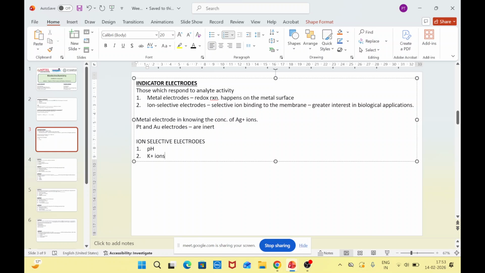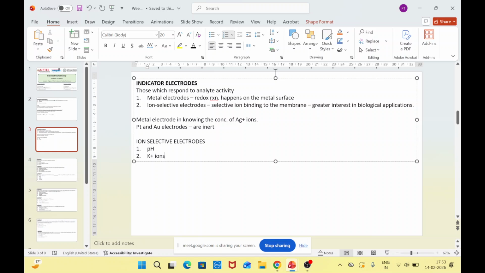In the case of the pH sensor, what do we usually do? With a pH sensor, we try to measure the pH of a system. When I say pH, I mean the concentration of H+ ions within the system.